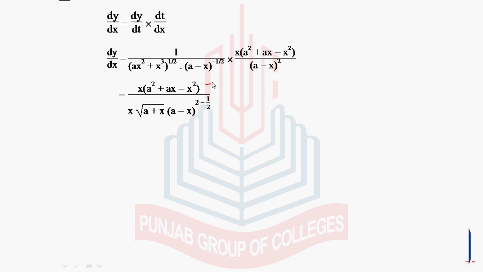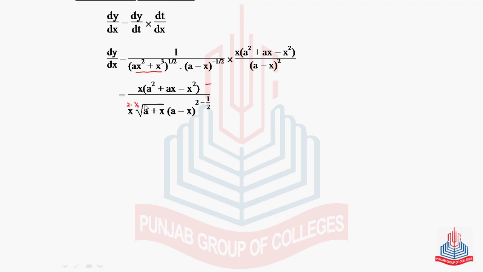This numerator will be as it is, x into a square plus ax minus x square, and in denominator we can take x square as a common factor from these two terms, and when we take a common x square from this expression, this power 1 by 2 will also apply to the x square, so that will be actually of the form this x square is the common factor, and with this power 1 by 2.